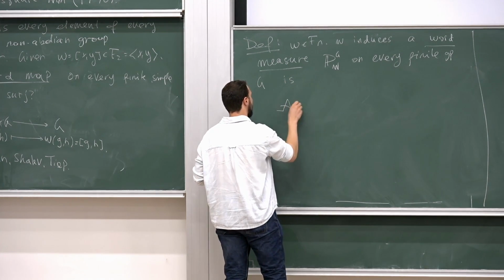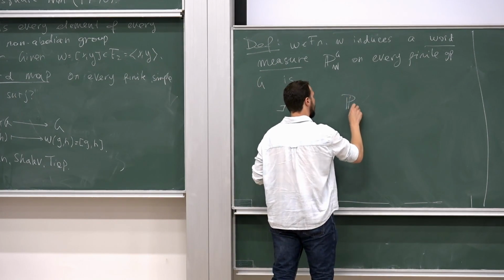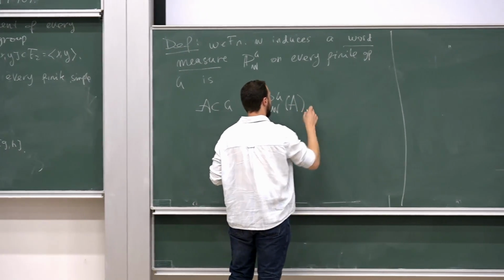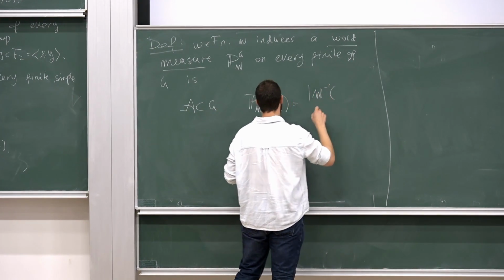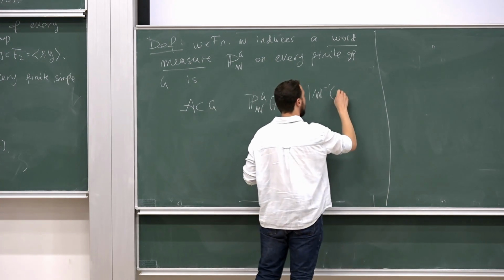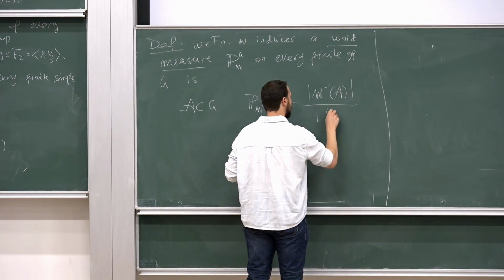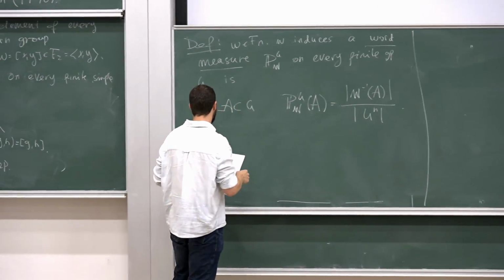So, given any subset A of G, we define the measure of it to be the number of tuples in G^n whose W value lands in A, divided by the total number of tuples.